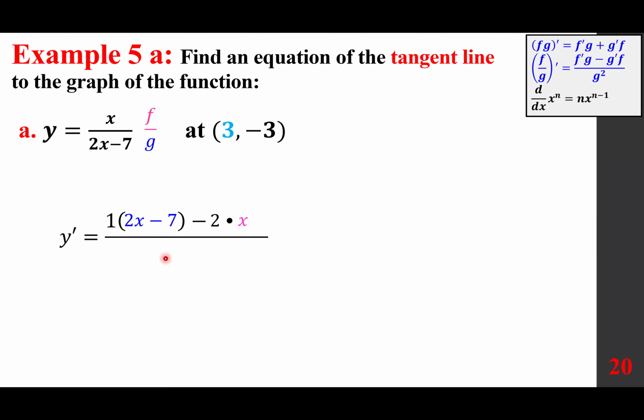Put this in a parentheses and square it, 2x minus 7 quantity squared. This is, believe it or not, the only calculus step. Everything else we're going to do is elementary algebra.